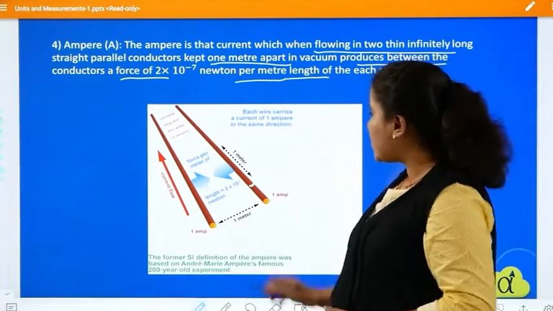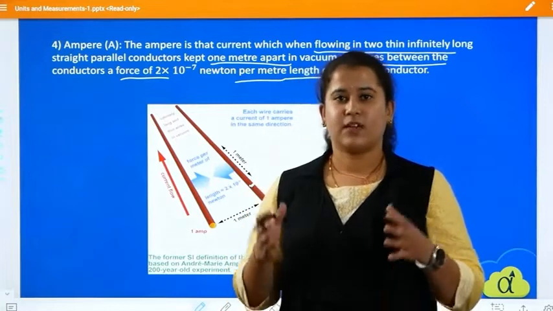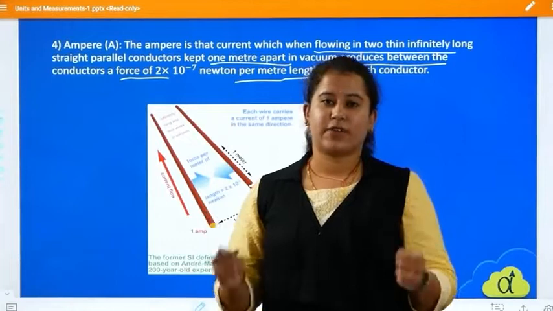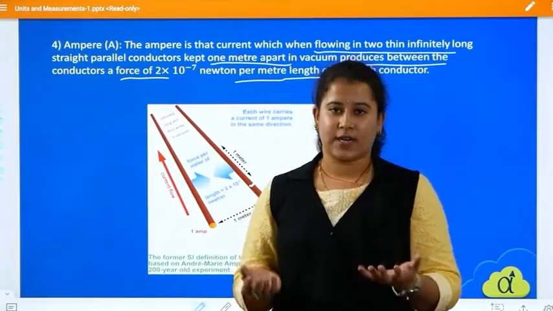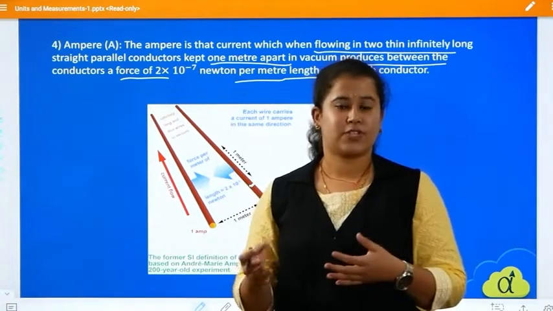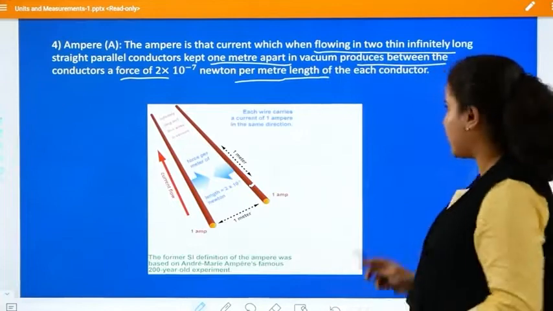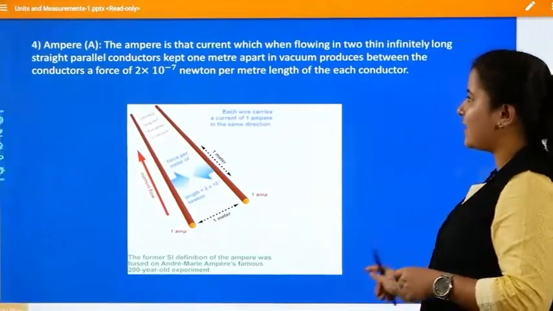That was considered to be the standard quantity. So the ampere is taken from two infinitely long straight conductors, and when current flows through them, there is a force of 2 into 10 raised to minus 7 Newton per meter. Clear?